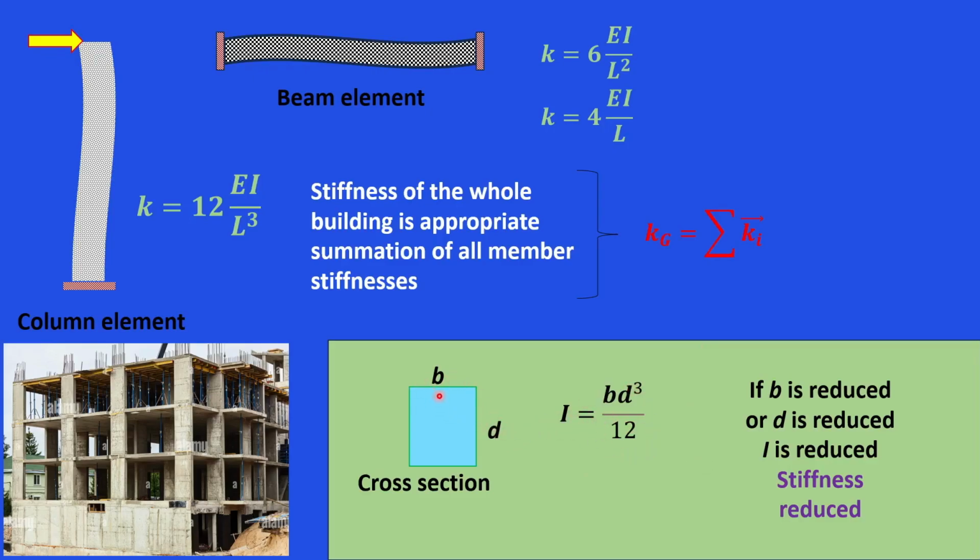If we reduce the value of b, I will change proportionately. If we reduce the value of d, I will change in proportion to the cube of the depth. So changing the size of the beam in either breadth or depth, you actually change the stiffness.